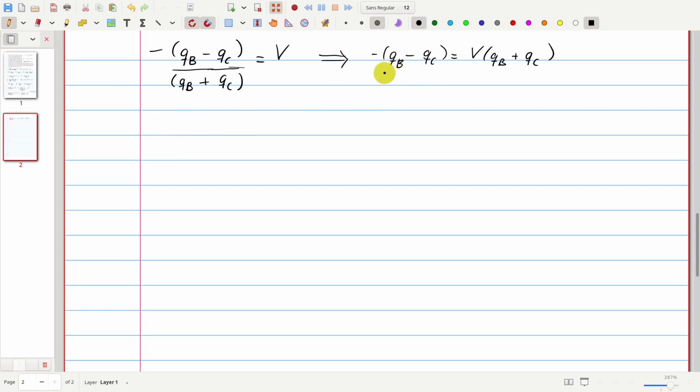Here we divide both sides of the equation by QB. See? It is starting to look like we may get to the answer.